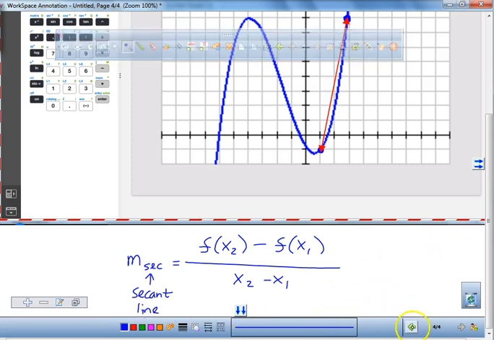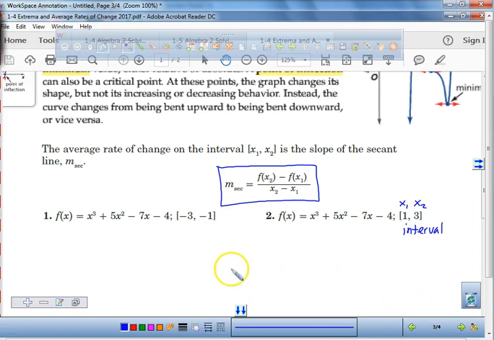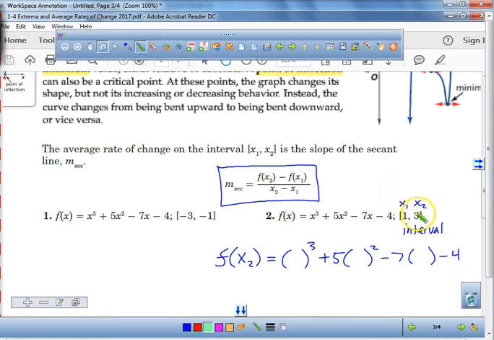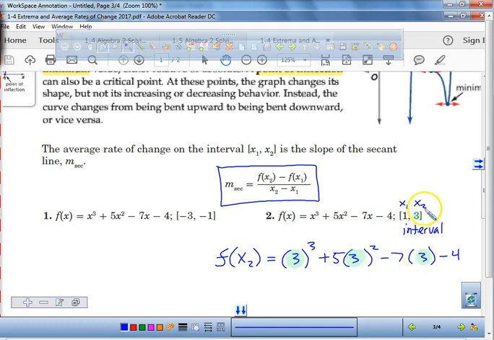Now, if you were going to do this by hand, everybody, this is what you would have to do. I'm going to say f of x2 right here. And for f of x2, you would do open parentheses, plus 5, open parentheses squared, minus 7, minus 4. You would take this 3 and plug it in and evaluate it when your x value was equal to 3, because that's your x2 value.